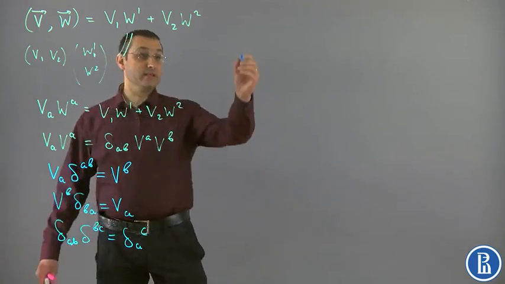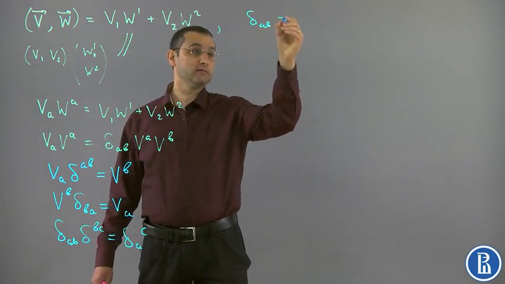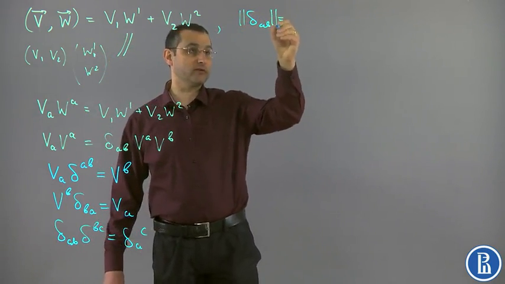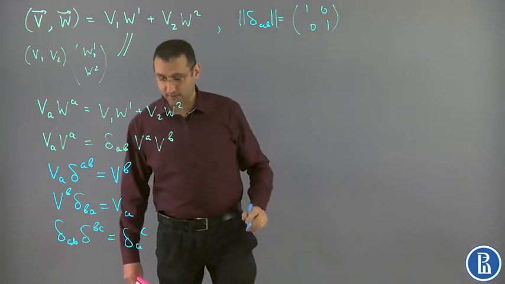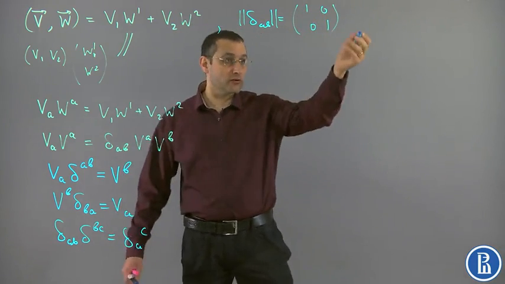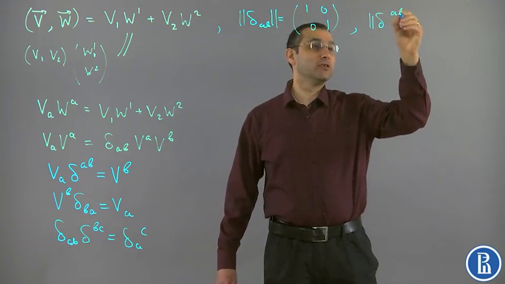What is delta AB? Delta AB is just a unit matrix. If we write the matrix of this tensor, it's a unit matrix. Delta BC is just the inverse of a unit matrix, so its matrix is also unit.